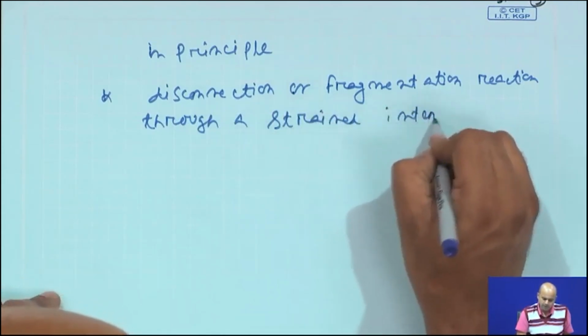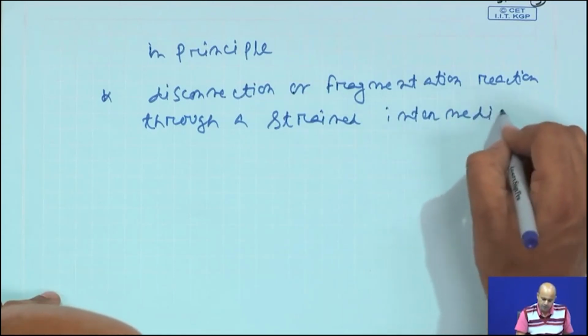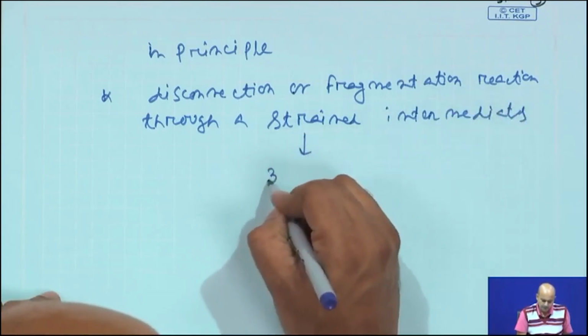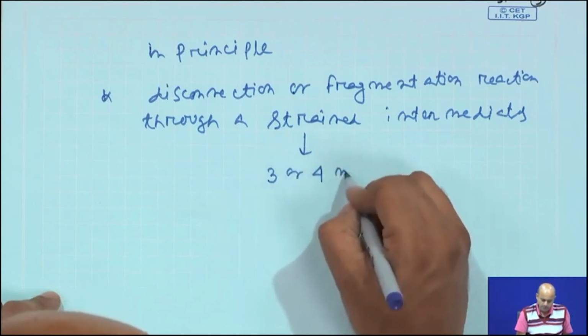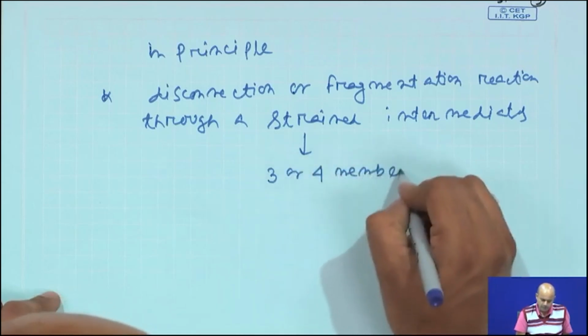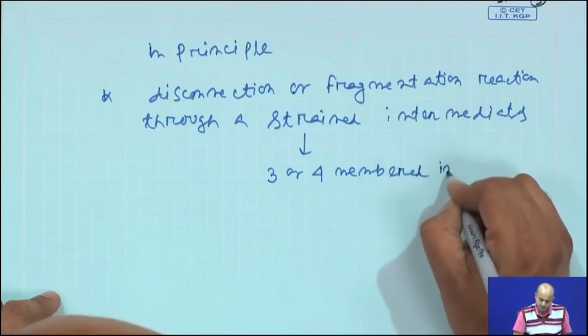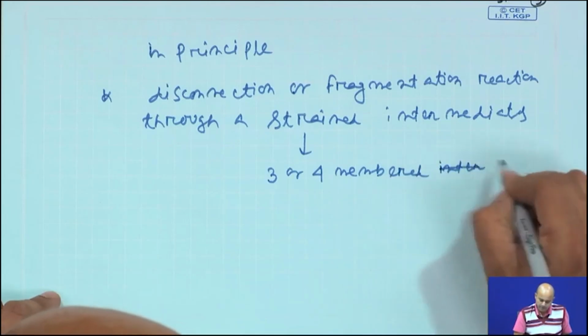In usual cases, the overbred intermediates are 3-membered or 4-membered rings; 3- and 4-membered rings are usually regarded as strained intermediates.